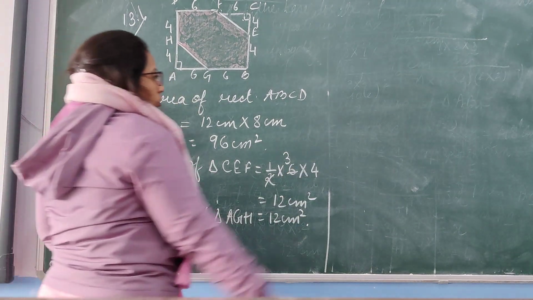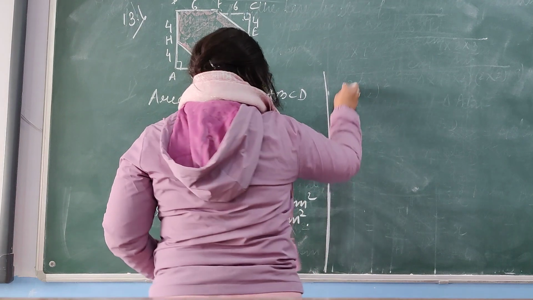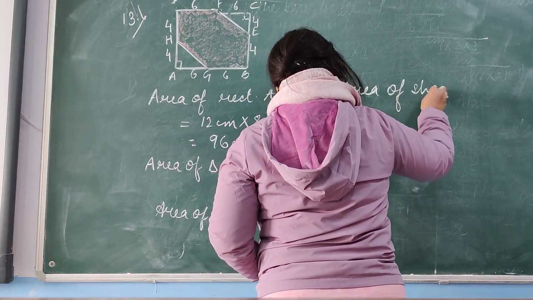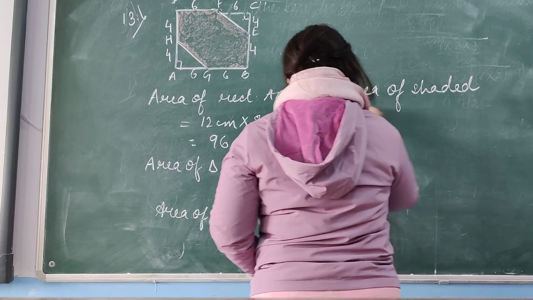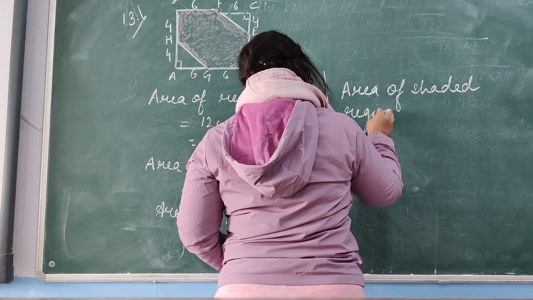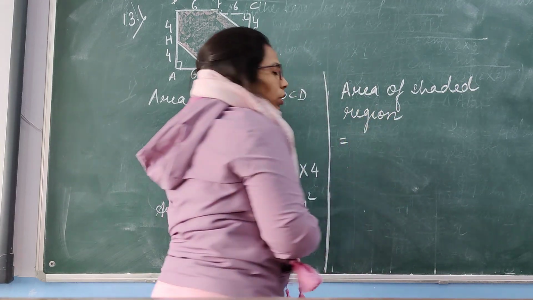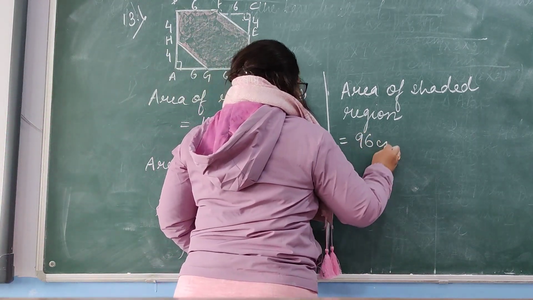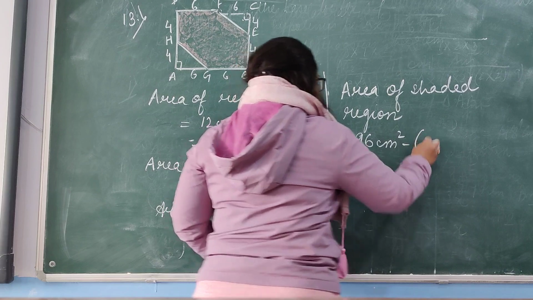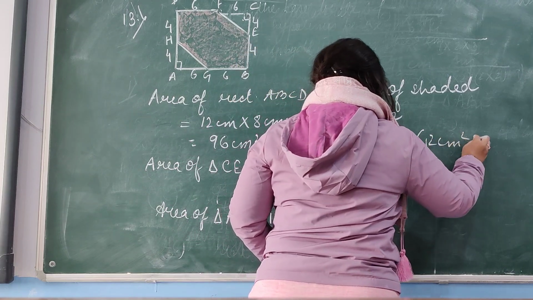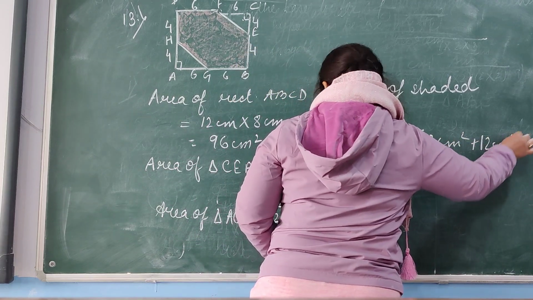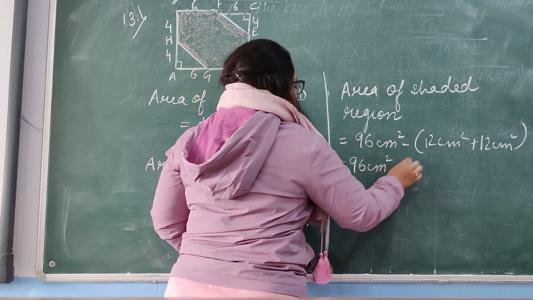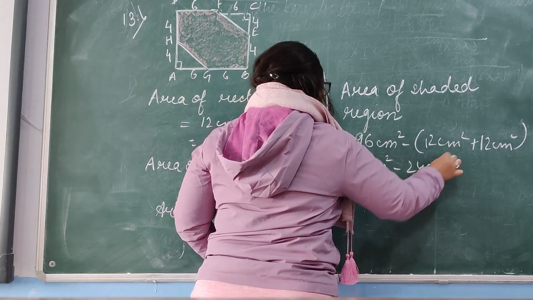Now, the area of the shaded region will be equal to, from the area of the rectangle, we subtract the area of the two triangles, that is 96 centimeter square minus 24 centimeter square.